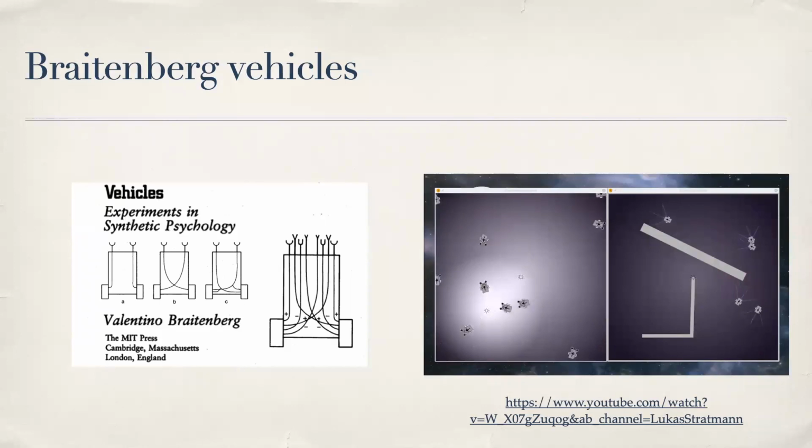Here we have two different kinds of robots. We have robots that get close to a light, and robots that try to stay away from the light. The principle is quite straightforward. Let's look at this vehicle A. Left sensor is mapped to left wheel. If the reading of the light is higher on the left side, then the left wheel is spinning faster.